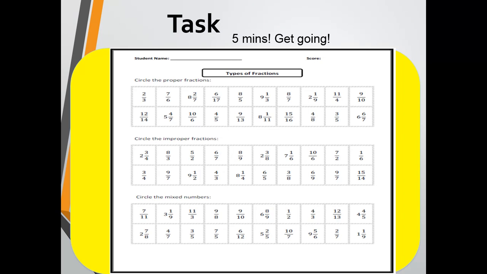This is what you're going to do right now. Get a sheet of paper, get a pencil, stay in front of your screen. For the next 5 minutes, you're going to be solving this. Circle the proper fraction or list out the proper fractions.